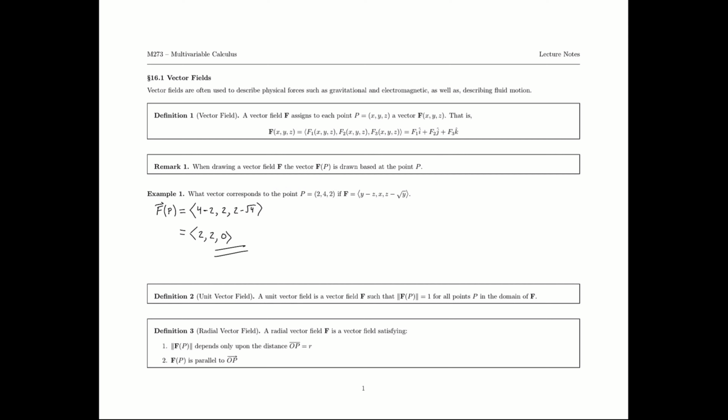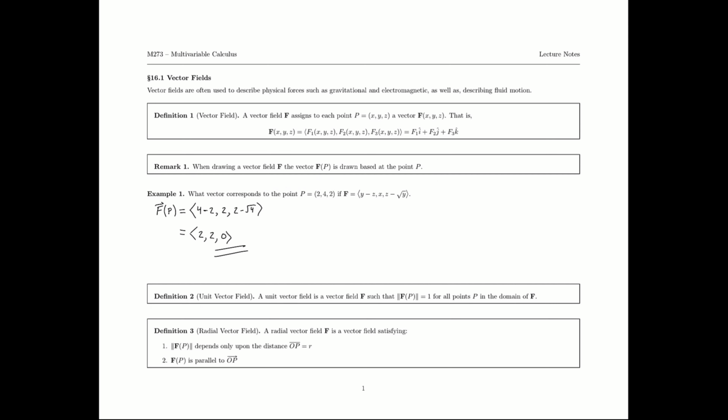Some other little things down here. Definition 2, a unit vector field is simply a vector field where the length of the vector field at every single point is length 1. We already know how to make a vector into a unit vector, right?